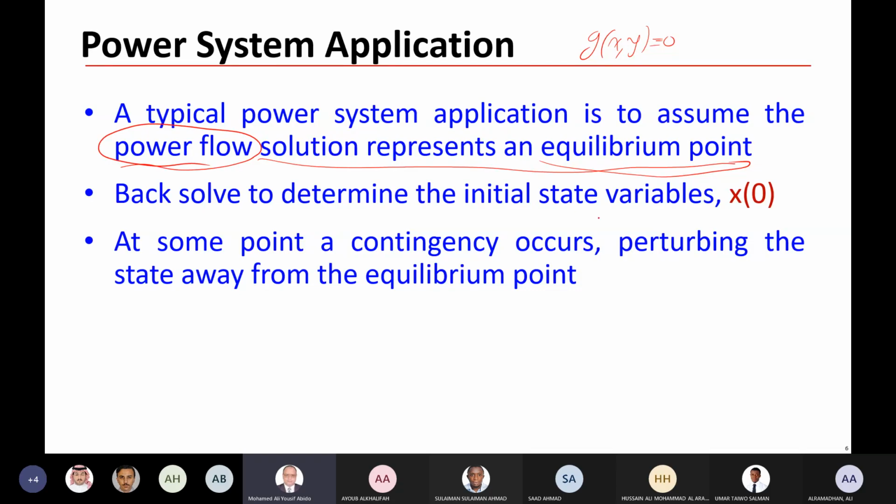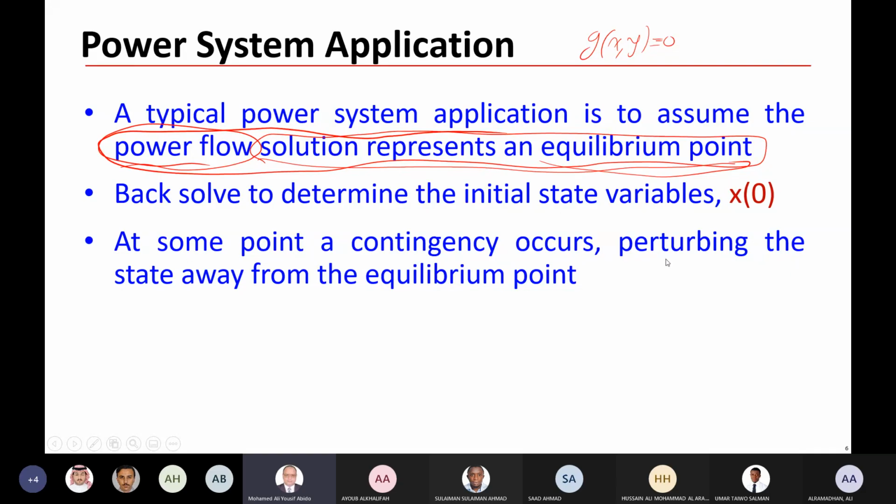We will see to analyze the stability of multi-machine system, we have to solve the load flow at the beginning to find out the initial condition. So the first step is to solve the load flow problem in order to study the stability of the system later on. This will be discussed in the next class, inshallah.